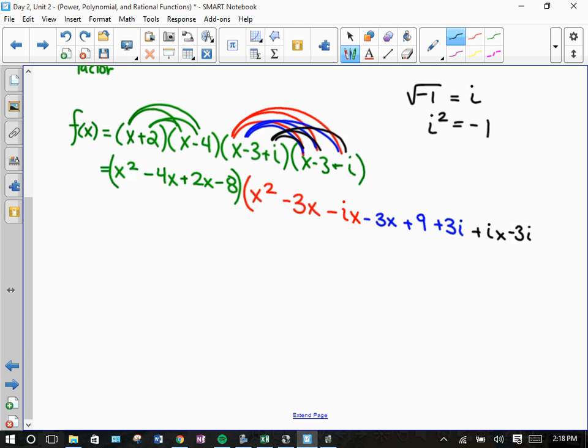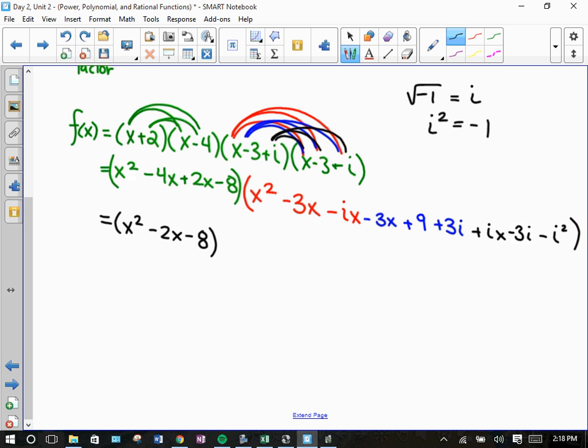Now, what does that mean? Well, we have i times negative i, which is going to be minus i squared. We're going to put that for now. We're going to simplify all this. It looks like a lot. That's fine. Just remain calm. We have x squared. Negative 4x plus 2x is negative 2x. Minus 8.